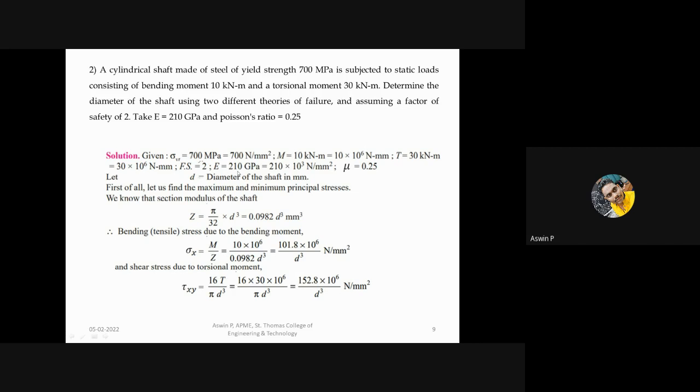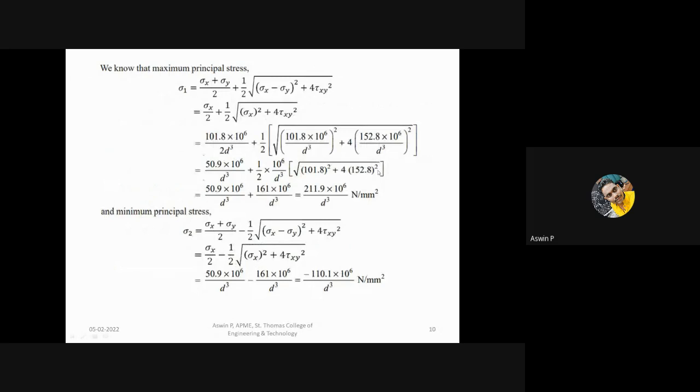When you take 210 GPa, megapascal multiplied by 10 raised to 3 gives gigapascal, right? 10 raised to 6 is megapascal, 10 raised to 9 is gigapascal. So 210 into 10 raised to 3 Newton per mm square, and mu is equal to 0.25. When you substitute, you will get sigma 1 and sigma 2 like this. Just check, there may be an error in this also.